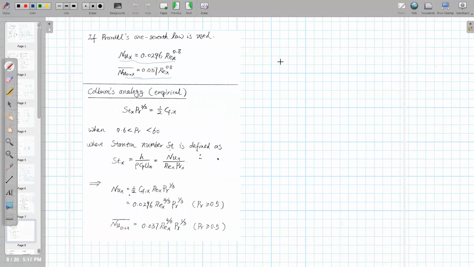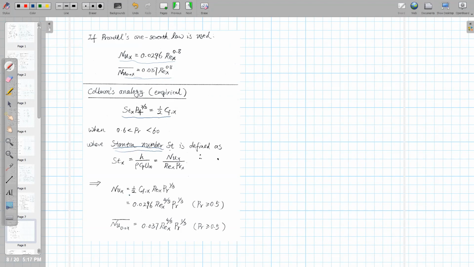So there's a better analogy, the so-called Colburn's analogy. This is also the one used in our textbook. It is an empirical analogy, which basically means that it is not derived from any theory, it's just derived from experimental data. What does it mean? It means they have this correlation. St is the so-called Stanton number.